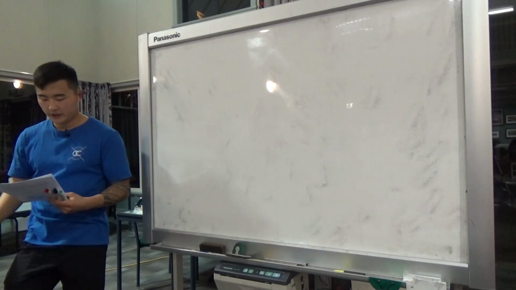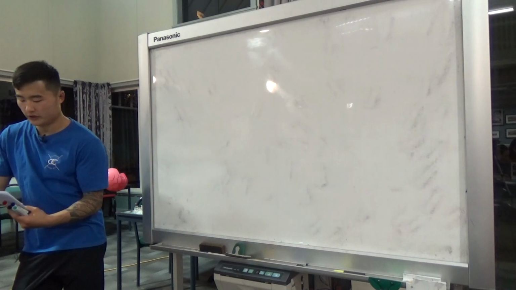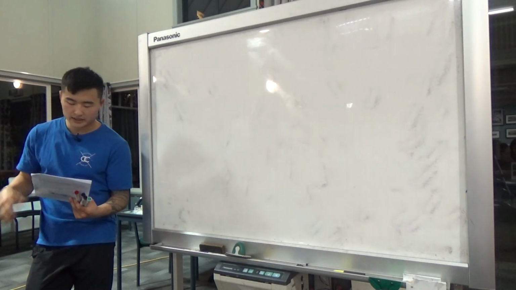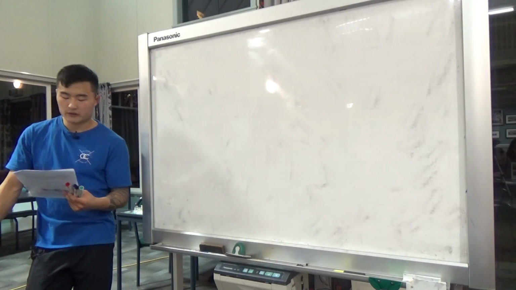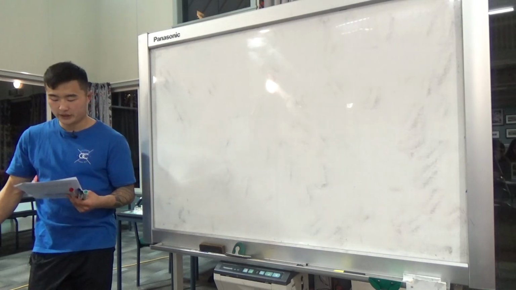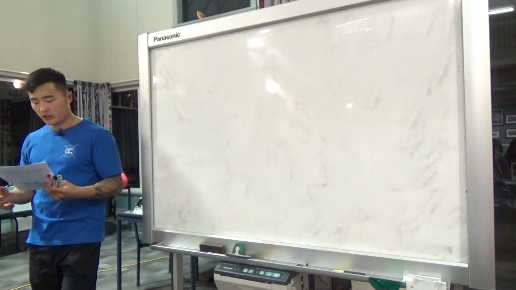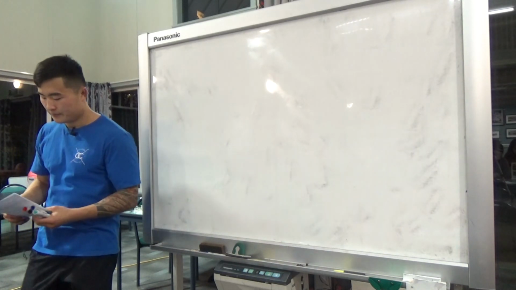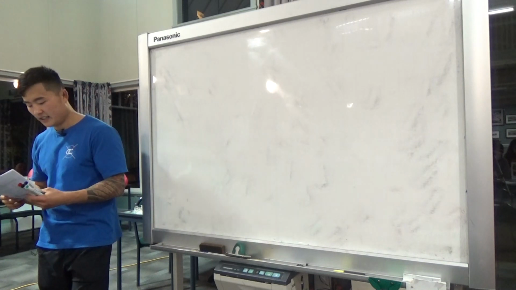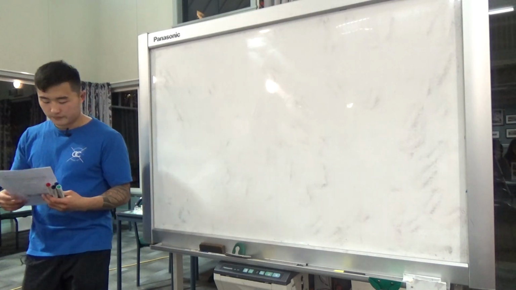Number 15, so this is carrying on from question number 14. It's the same question stem. How many moles of the radioactive isotope are present in the pure sample of the isotope before it decays? So now we want to know how many moles there were in that sample before it decayed.